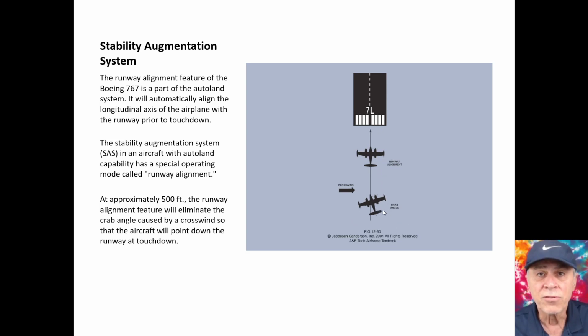And one of them is this little crab angle that the aircraft has a tendency to come in at, in order to keep it on the center line of the aircraft. You have a crosswind or something, in effect, you're coming in at a crab angle. There is a stability augmentation system if there's an autoland capability and a special operating mode called runway alignment.